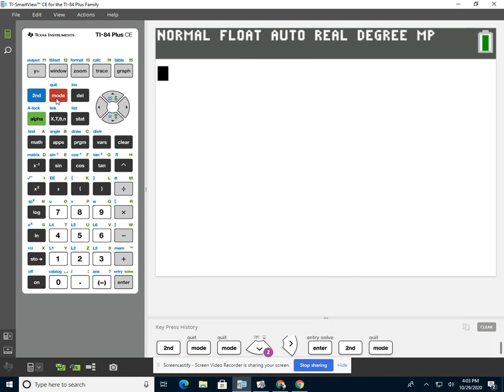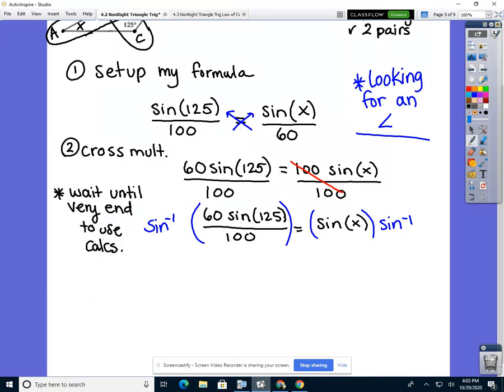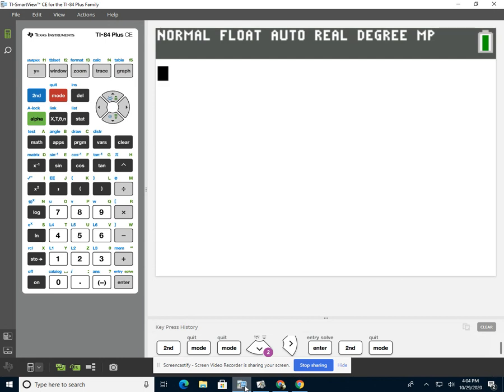Let me go back to my problem here. So what was my problem again? Okay, so I'm going to type in arc of sine. The way I get that is I hit second and then the sine button on the calculator, right? So those two buttons. I just want them on here so you can see it. All right, so second sine, you see that little negative 1 pop up, so that's how we know we're in the inverse.